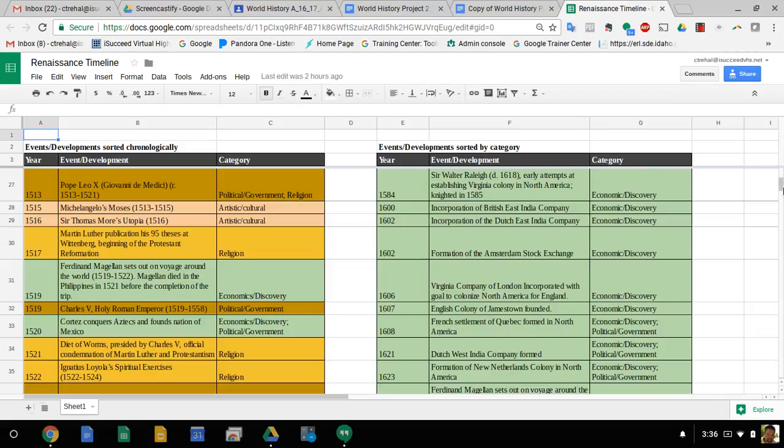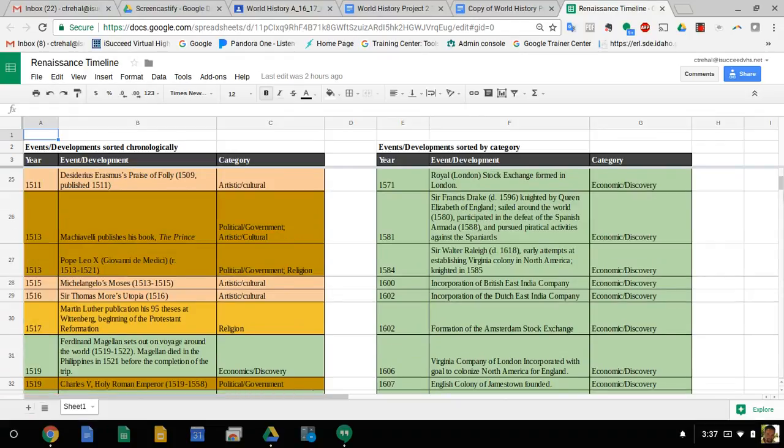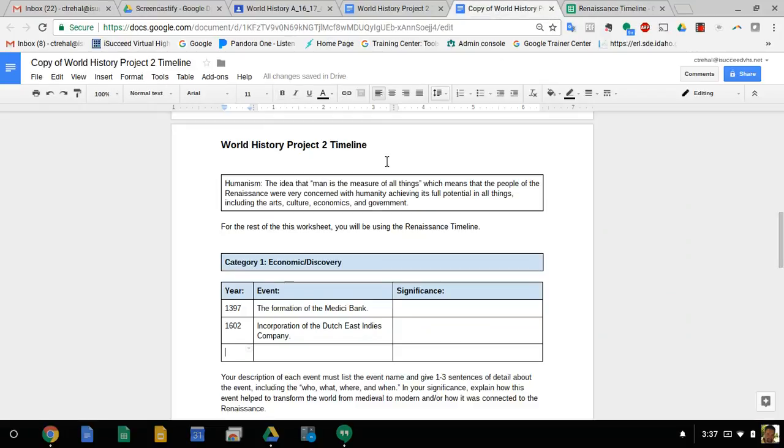And, well, since it happened in the same year, I'm going to talk about, actually, and I'll go 1600. I see that it happened even before that. In 1571, the London Stock Exchange was formed, and in 1602, the Amsterdam Stock Exchange.